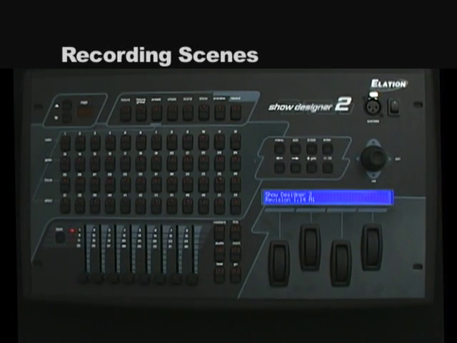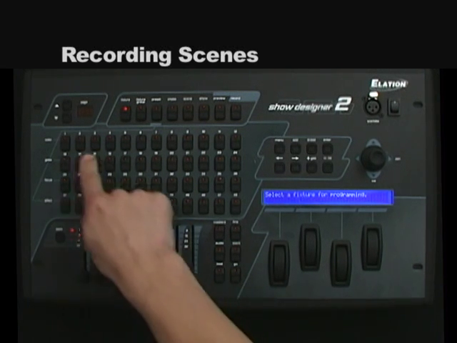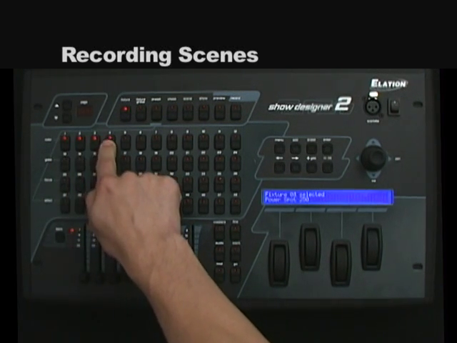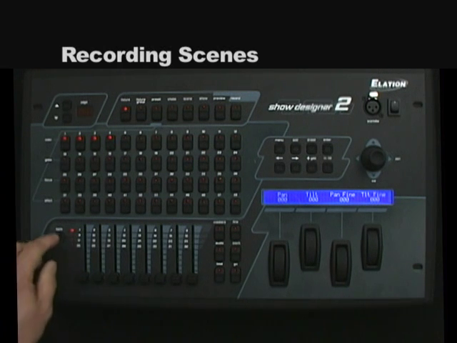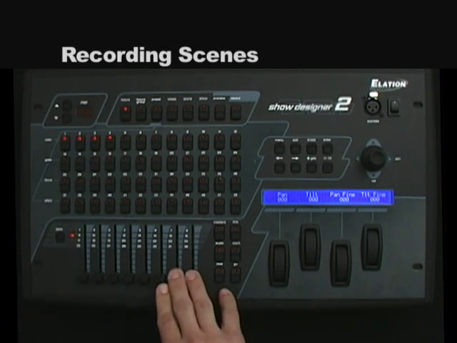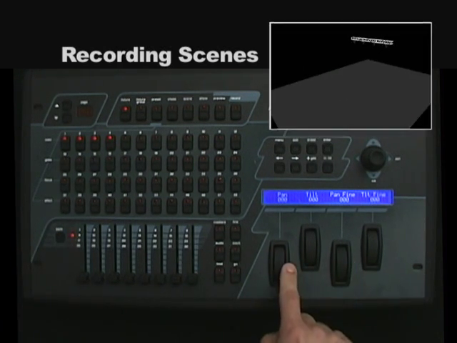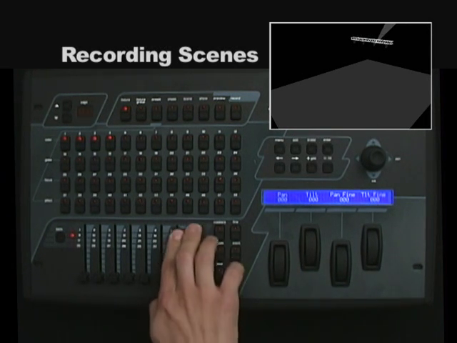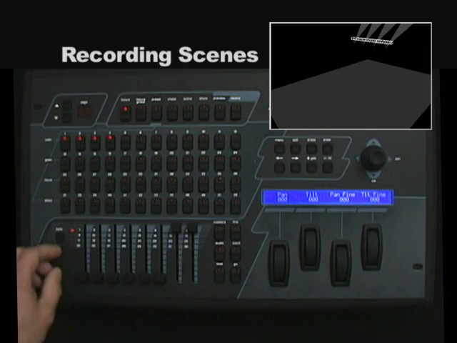To record a static scene, press the Fixture button, then select the fixtures that you wish to include into your static scene. Next, use your channel faders or the data wheels to set your scene. I'll use the faders to set my scene.